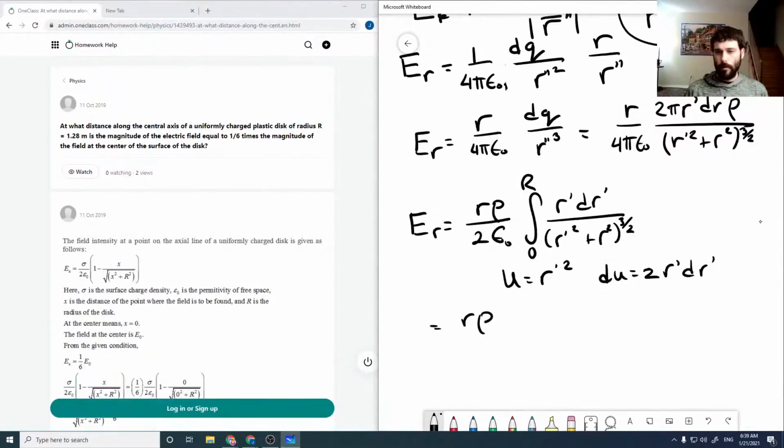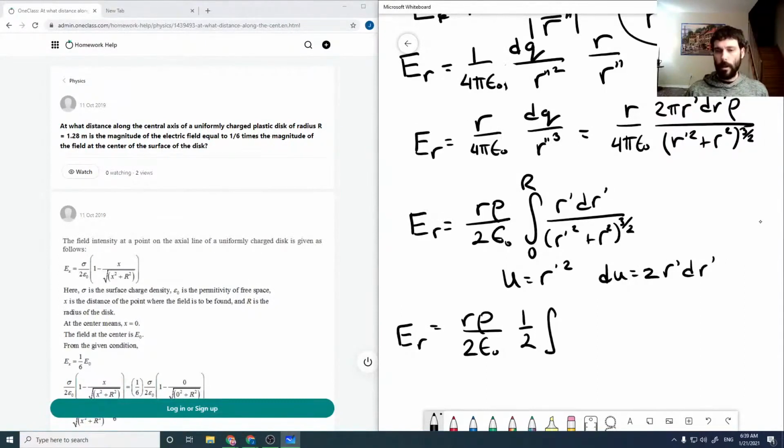So then E_R is R rho over 2 epsilon naught. We can see that we need a 2 up here, so this is going to give us a half integral.